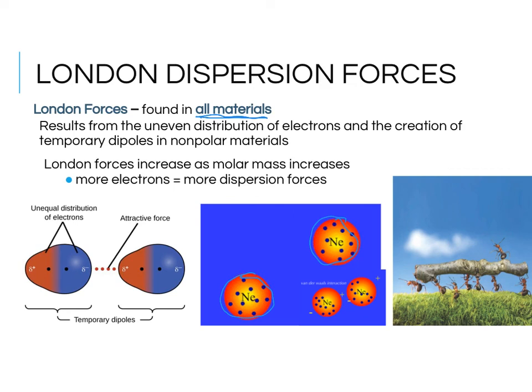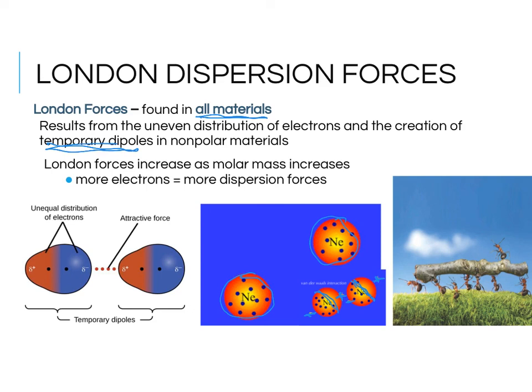Well, at a certain point, all of those electrons are going to end up on one side. So this is kind of a before and after down here in the middle. For a split second, just a snapshot, they all end up on one side. So we end up with what we call a temporary dipole. It doesn't hang around very long, but we see this negative side of the atom, and where there aren't electrons, we see that positive side of the atom.